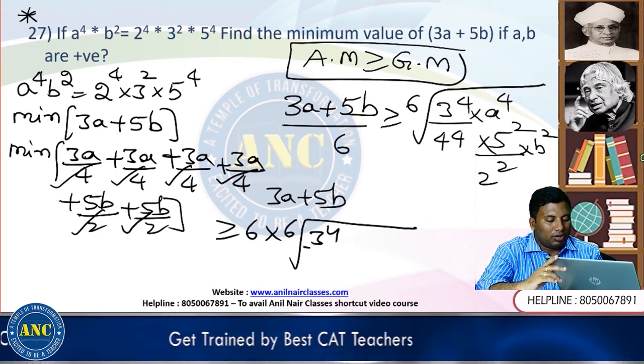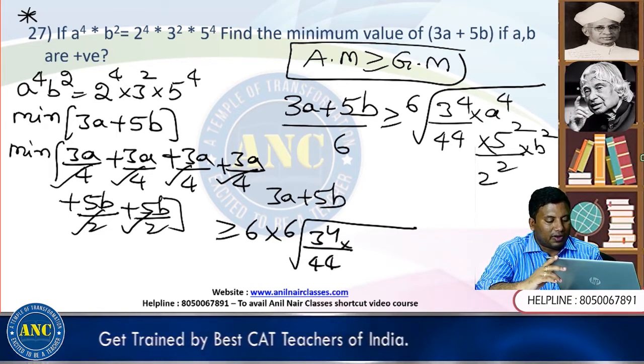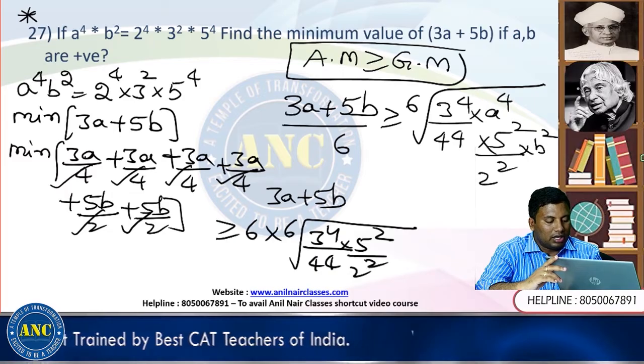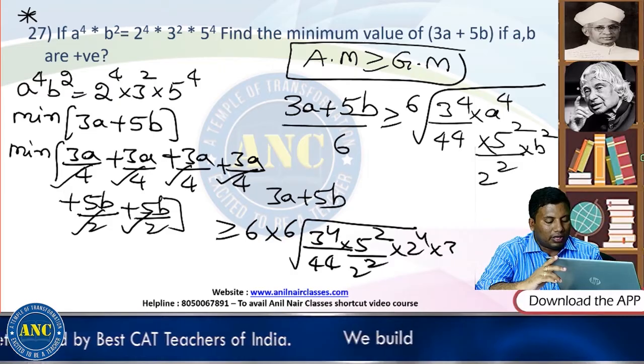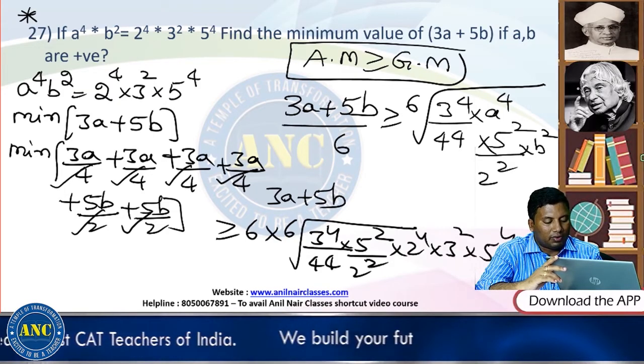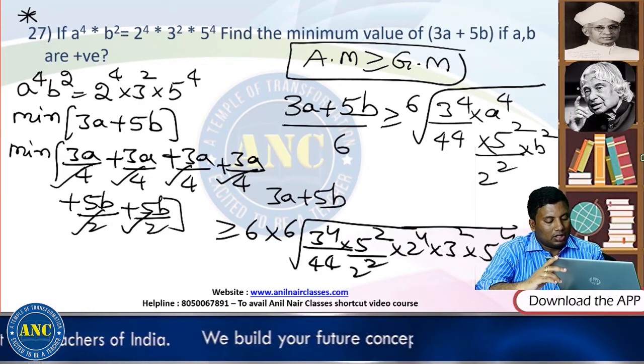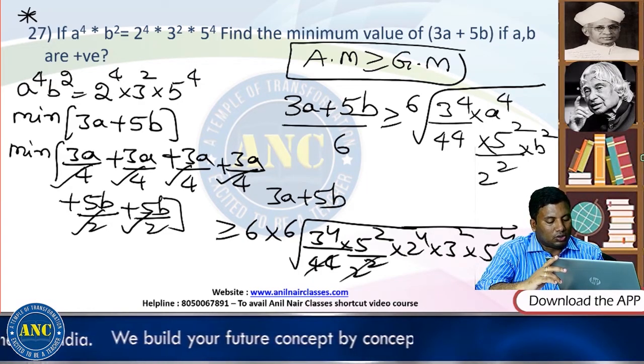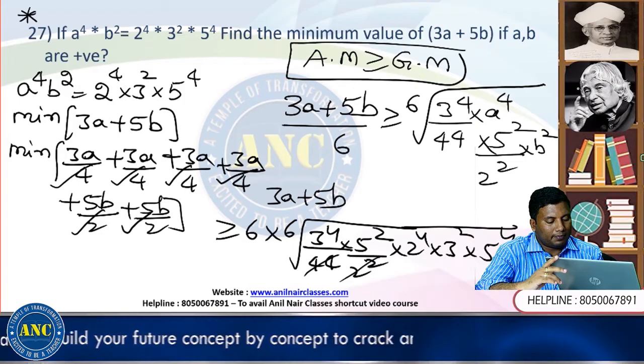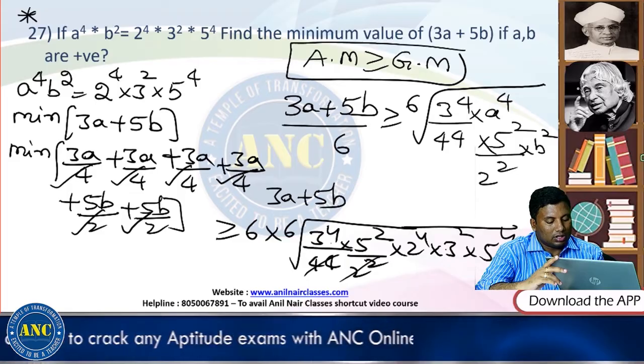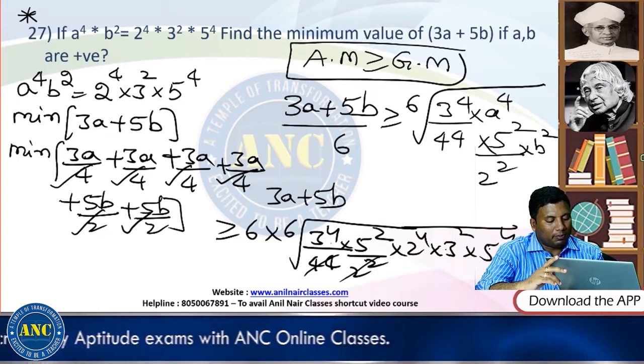3 power 4 by 4 power 4 into 5 square by 2 square into 2 power 4 into 3 square into 5 power 4. This is 2 power 8, 2 power 10, 3 power 4, 3 power 6, 5 power 2, 5 power 6.